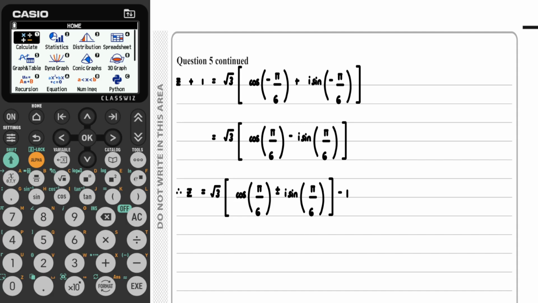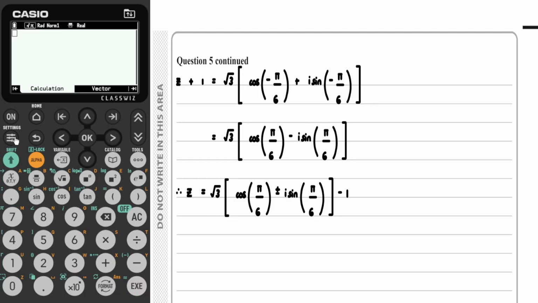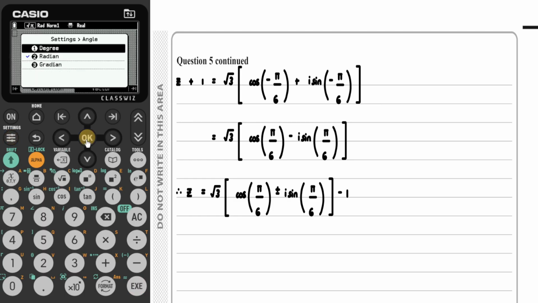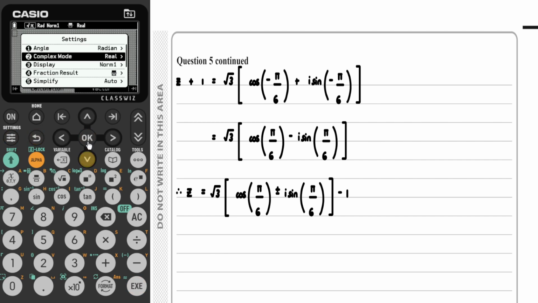So let's solve this on our calculator. Let us make sure that we are in radians, and we will display the results as complex numbers.